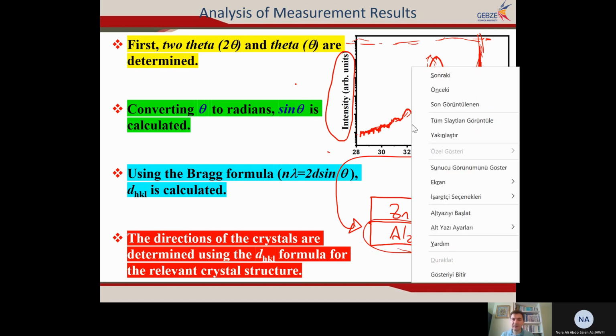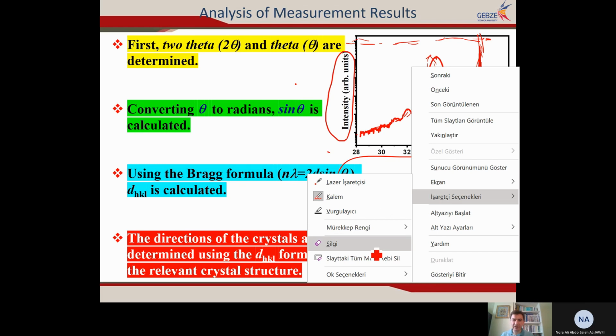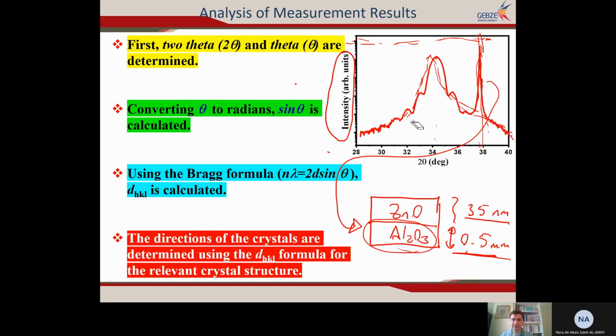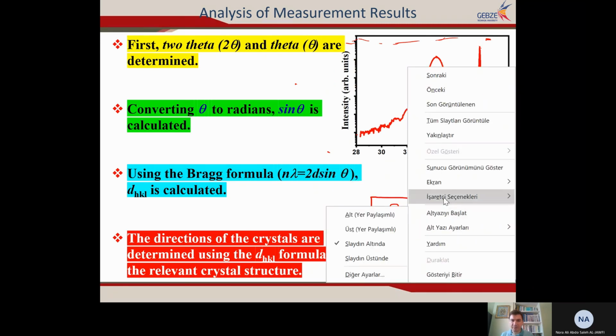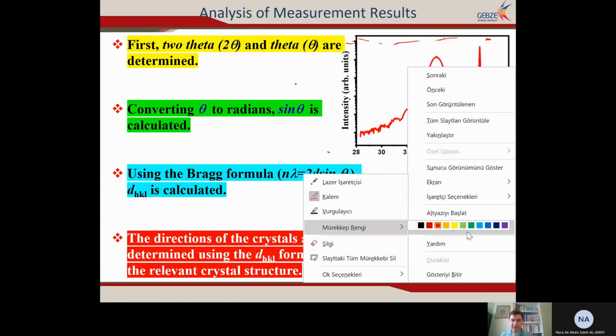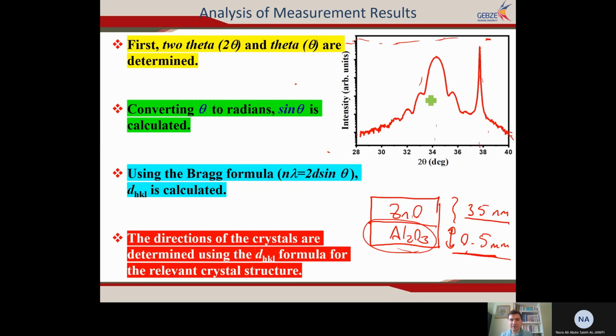So here you see some additional features. I also would like to discuss these additional features in this broader peak. In the broader peak, we have a main peak and we have satellite peaks around this main peak. So this is the main peak of this broader peak. On the right side, I have one satellite peak.